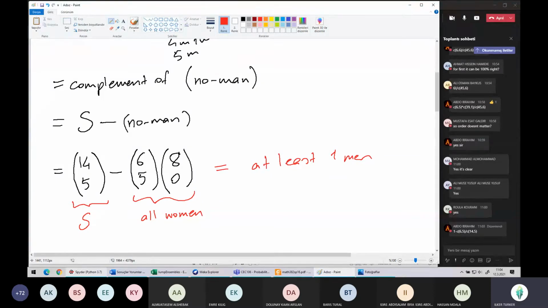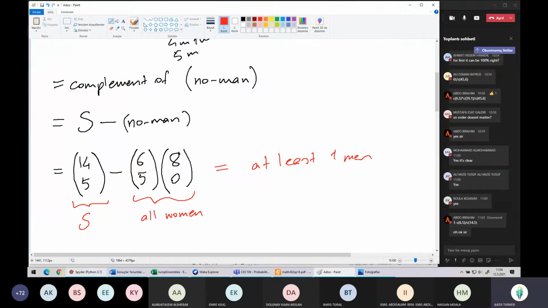If it was a probability, we should subtract it from 1. But since this is a "how many ways" question, we should subtract it from the sample space. Did you get the difference?